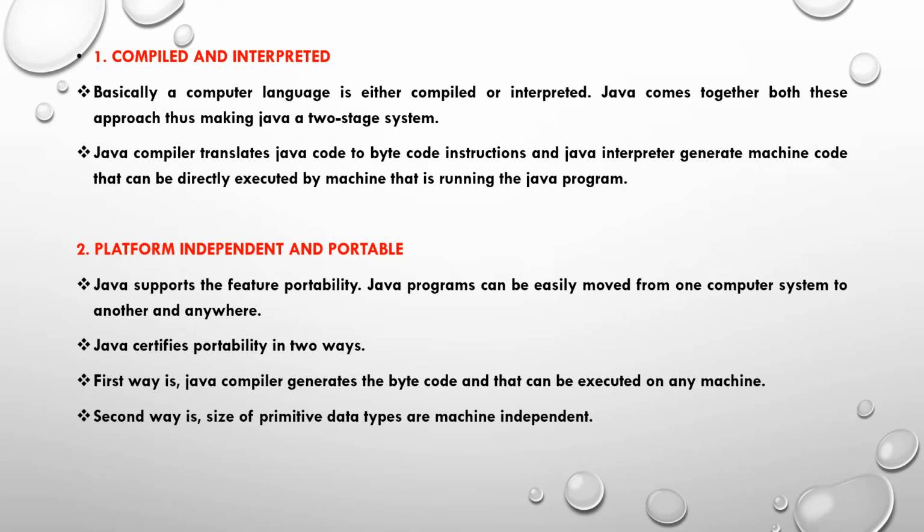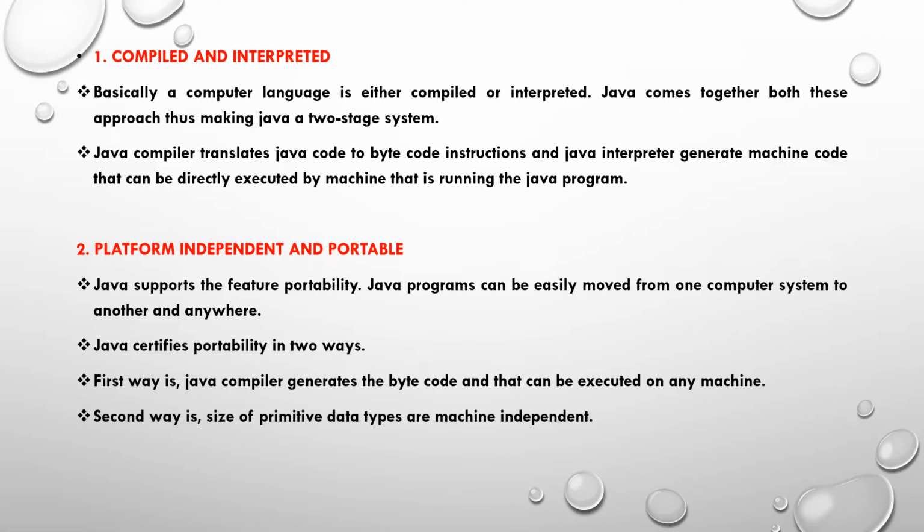Then the second feature, platform independent and portable. Independent means that it does not depend on any hardware, and portable means it can be easily moved from one computer system to another. So Java supports the feature of portability.